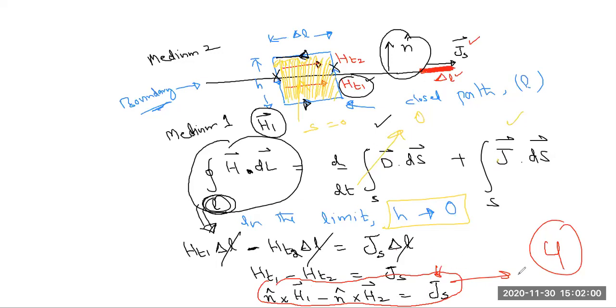So now, through this process, what I have done is, using 4 Maxwell equations, we have derived 4 boundary conditions. So now I can write them collectively. I will call them general boundary conditions. Why am I calling them general boundary conditions?